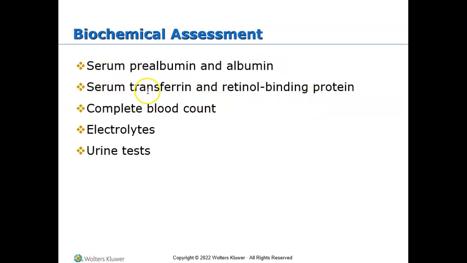Serum ferritin and retinol binding protein, this is how they're doing. Are they anemic? Complete blood count, hemoglobin, hematocrit, white blood cell count, red blood cell count, electrolytes, we talked about that. They're important in maintaining health, and there's a tight range that they need to be within, and then urine tests.